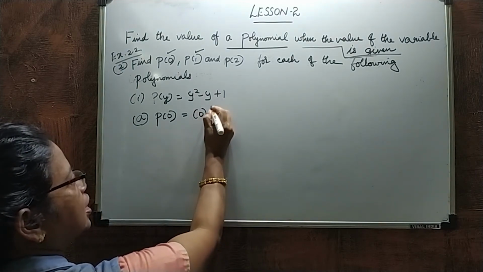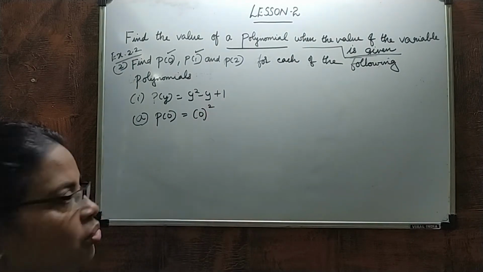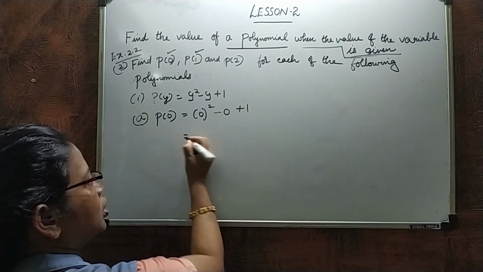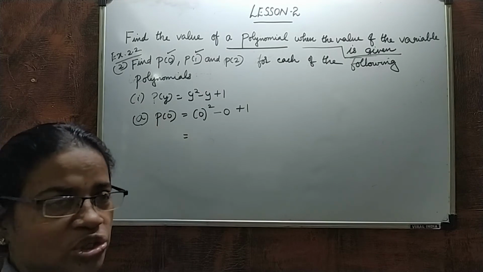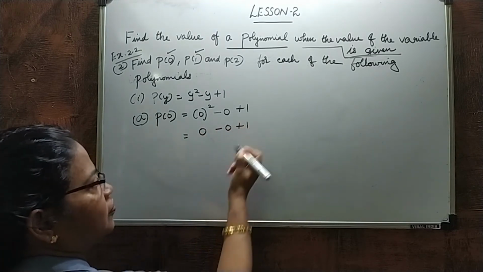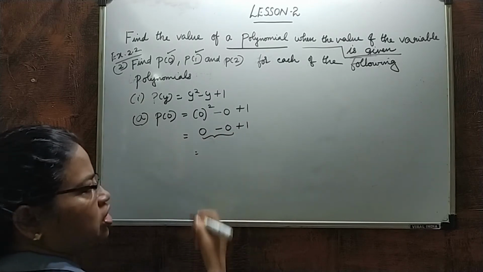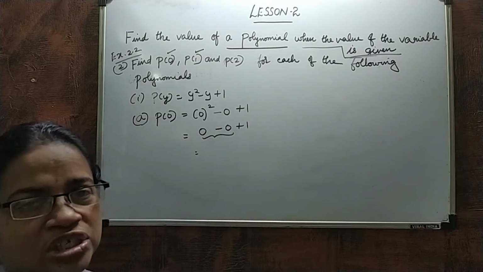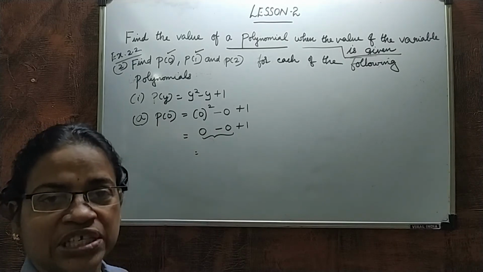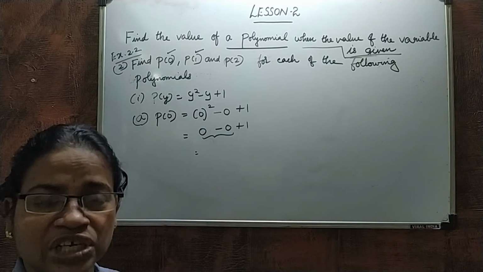0 square is there, keep it in bracket. Minus 0 plus 1 equals 0 square, 0 into 0, is 0, minus 0 plus 1. What is 0 minus 0? 0 minus 0 is 0. 0 plus 0 is 0. 0 into 0 is 0. 0 by something is 0.